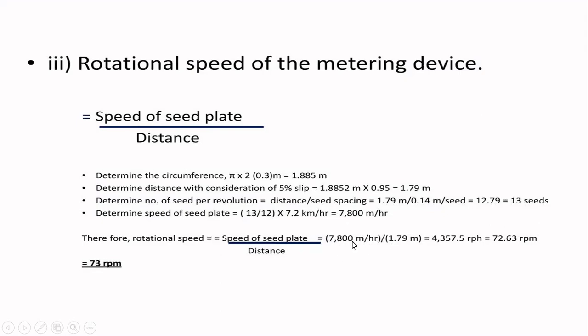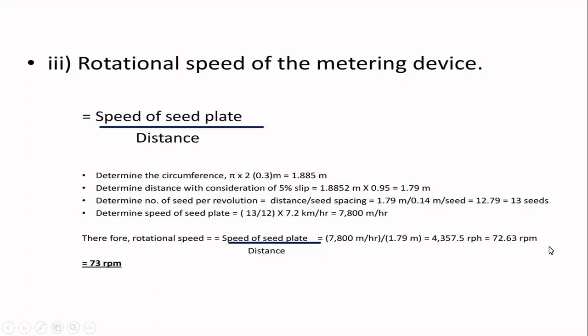In one hour it will travel this far. In one rotation it travels 1.7 meter. So how many revolutions are needed for 1 hour for this distance? Divide by 60 to get per minute, and you get 72.63 RPM.